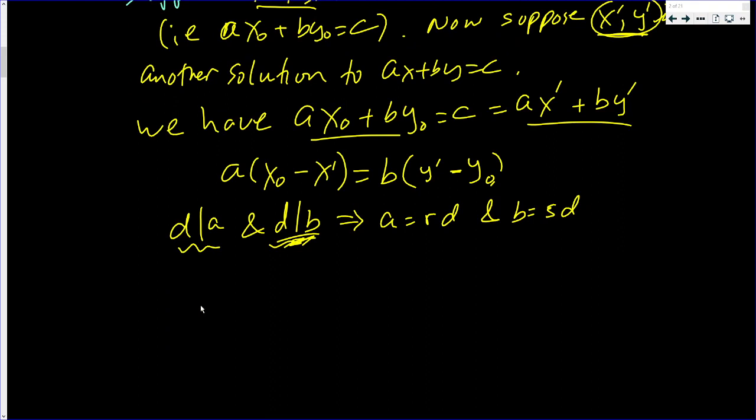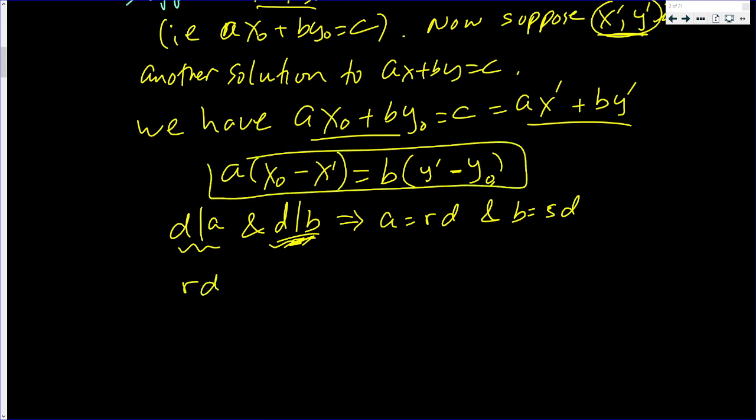Okay. So this equation becomes A, which I'll write as RD, times x0 minus x prime, is equal to B, which is SD, times y prime minus y0.